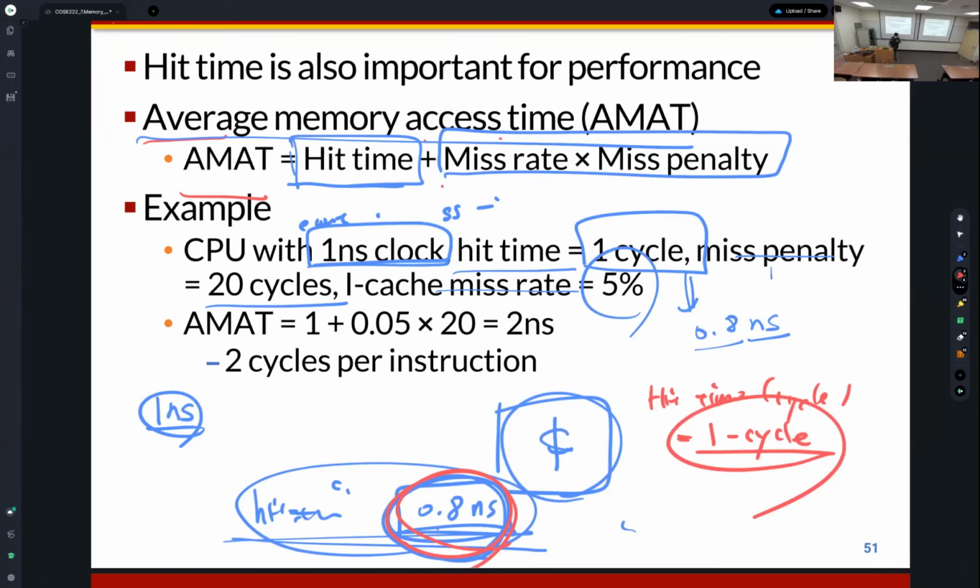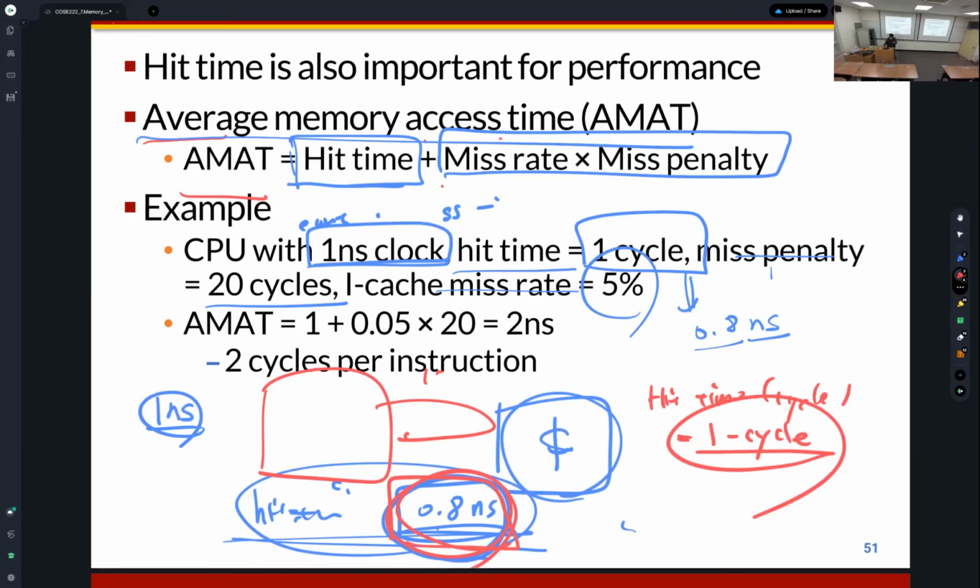It is because even though this access latency is less than the clock cycle period, this processor will take one cycle for accessing cache, right? Because this is a digital system, and every hardware component completes its operation within one clock cycle.